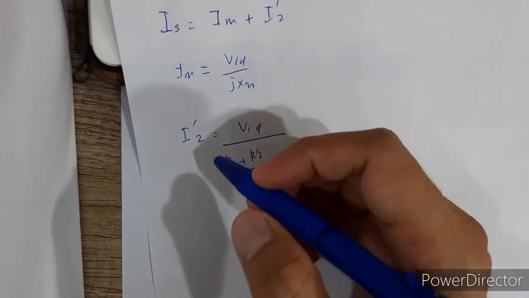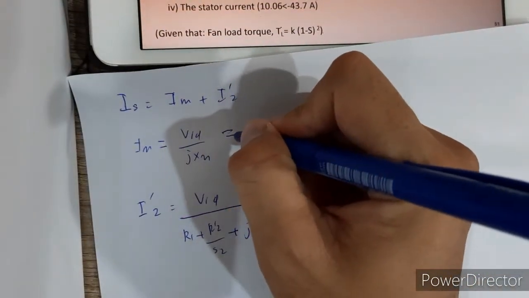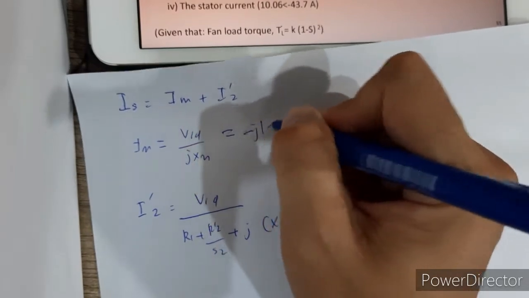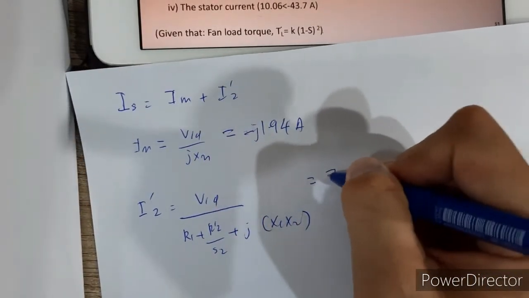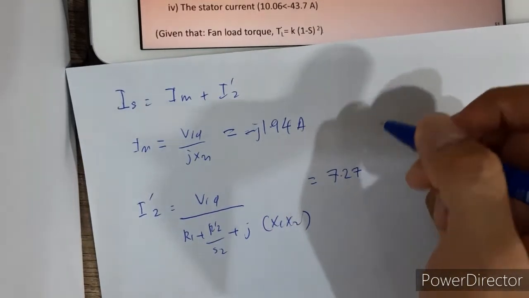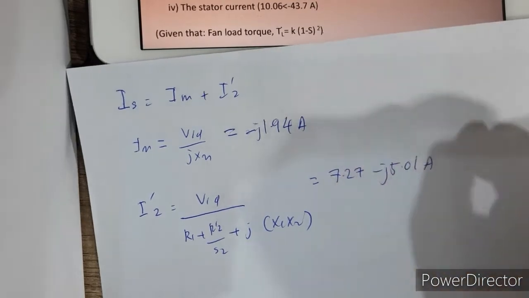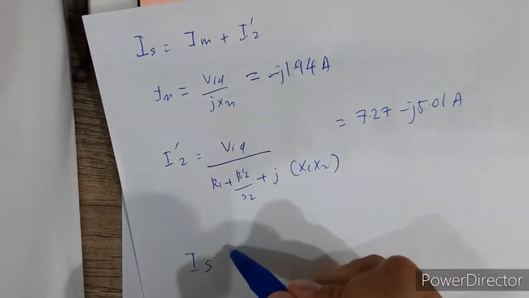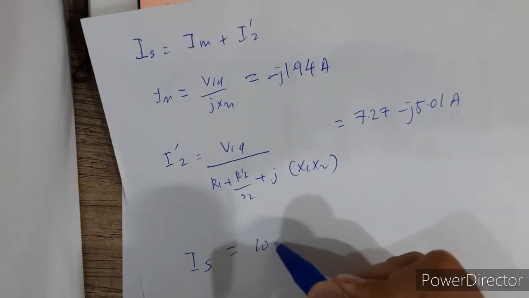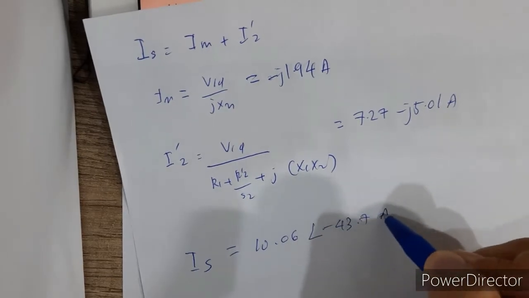So you can determine Im and I prime 2. What I get here is Im is negative j1.94 ampere, and I prime 2 is 7.27 minus j5.01 ampere. Lastly, the summation Im plus I prime 2 gives 10.06 angle of negative 43.7 ampere.